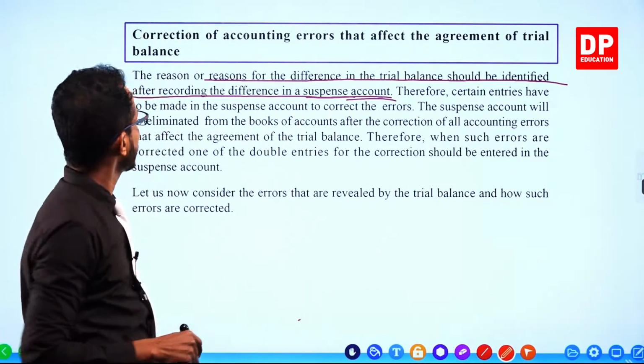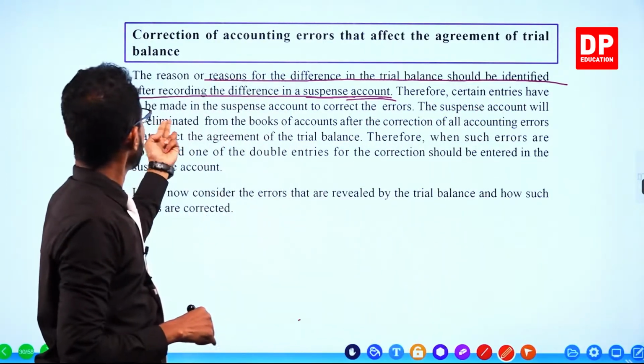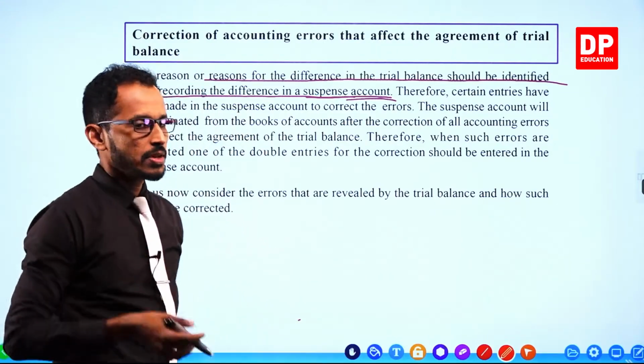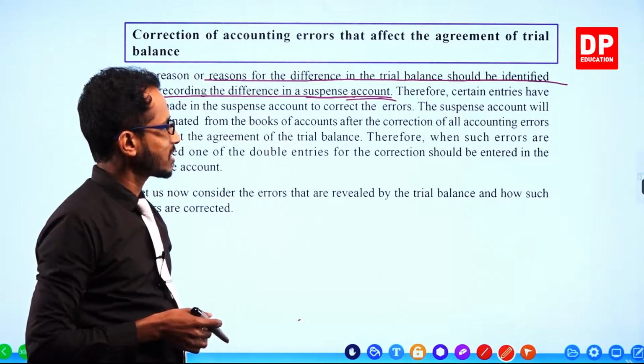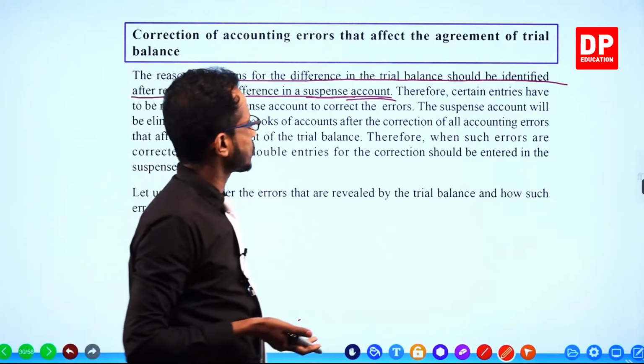Therefore, certain entries have to be made in the suspense account to correct the errors. We must make the specific, the relevant entries in the suspense account.